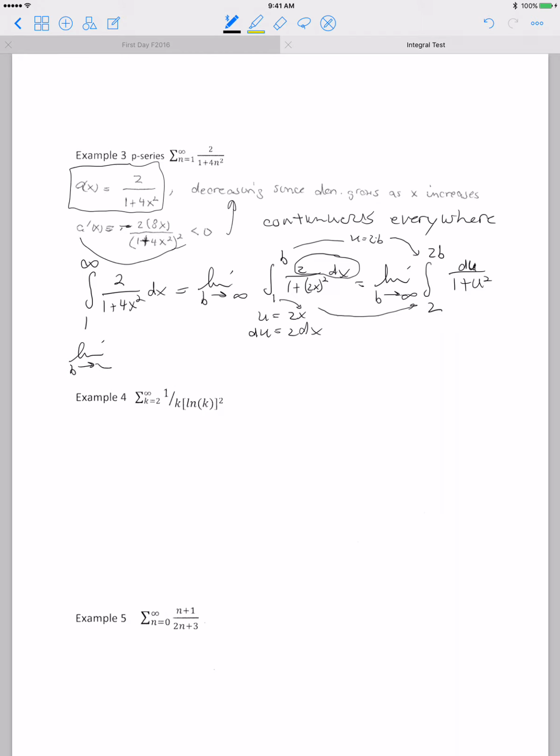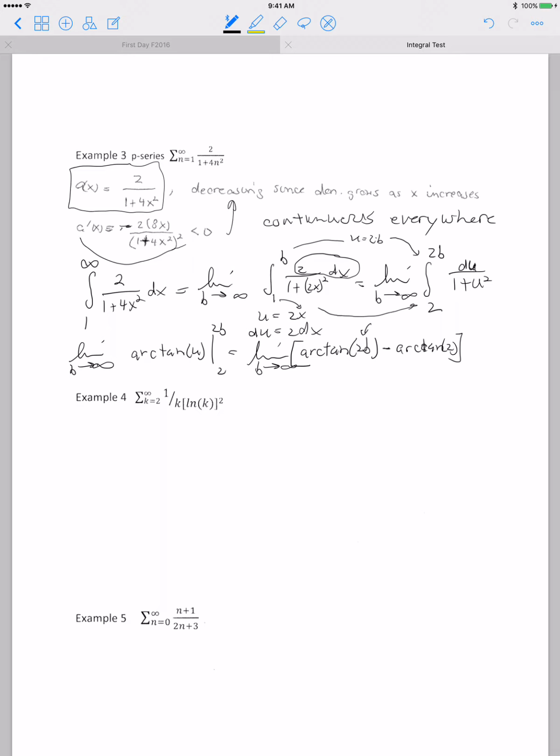So the limit as b goes to infinity. Now the antiderivative of 1 over 1 plus u squared is the arctan of u. And I'm evaluating this from 2 to 2b. Taking the limit as b goes to infinity, I'll plug in the upper limit. I have arctan of 2b minus arctan of 2. So if I take the limit as b goes to infinity, then what's inside the arctangent is going to infinity.